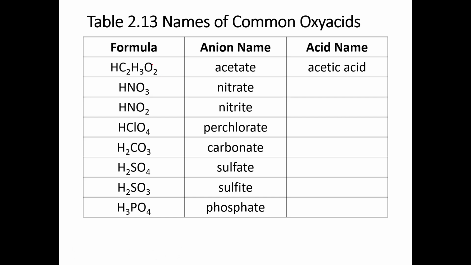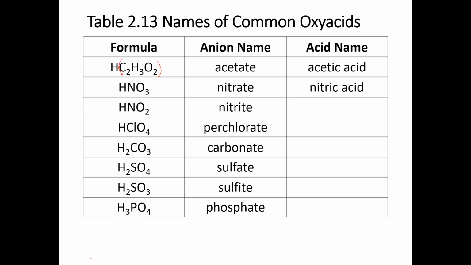HC2H3O2, if you look up this anion, that's the acetate ion. So we change this to acetic because that ends in -ate, so acetic acid. HNO3 is nitrate. We change the -ate to -ic, so that would be nitric acid.